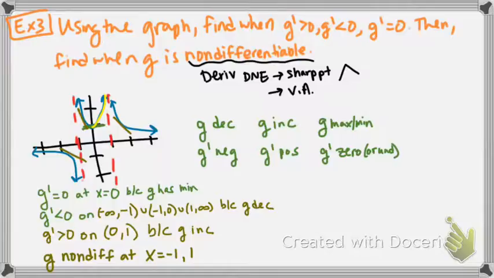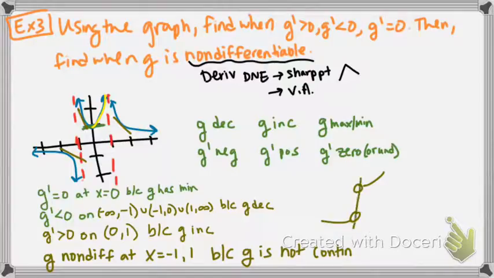But why? Like, what's our main reason there? Because I need a because here. It can't just be because Miss Bolton said so. And the main reason here is because g is not continuous. That's a huge point. If you had a breakup or a hole here, I would not be able to find the slope at this x value.